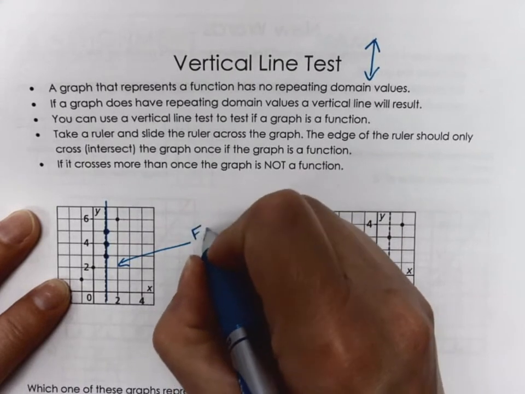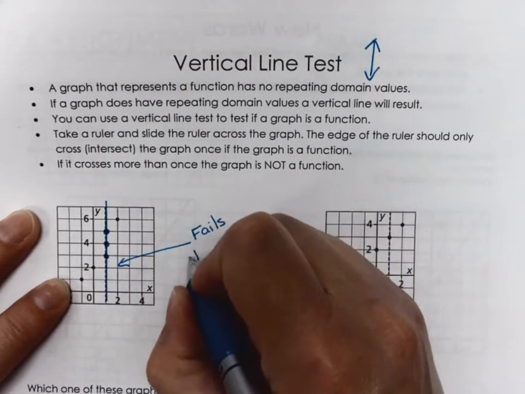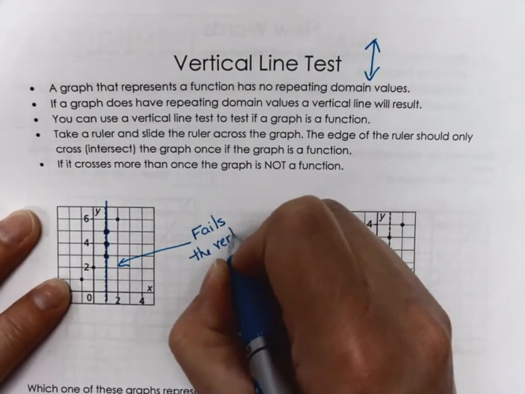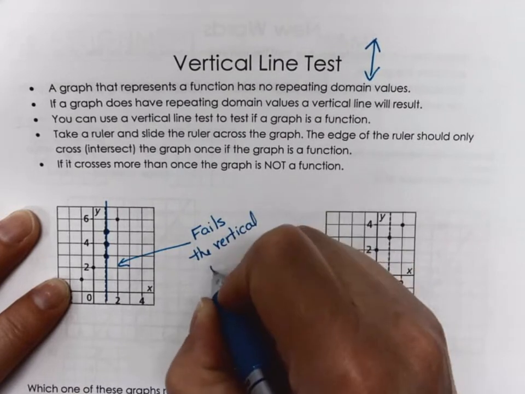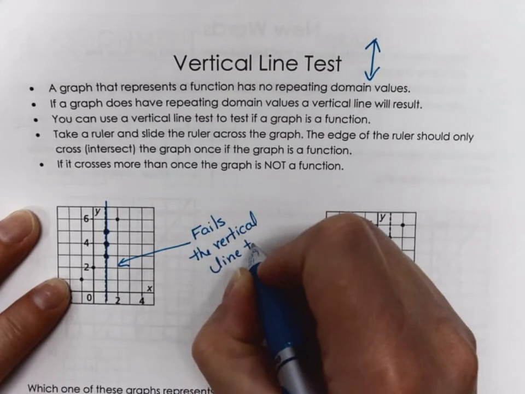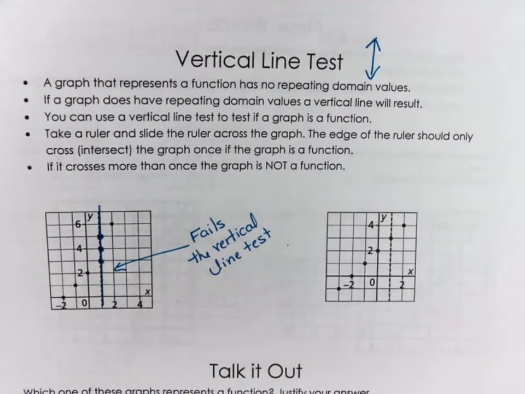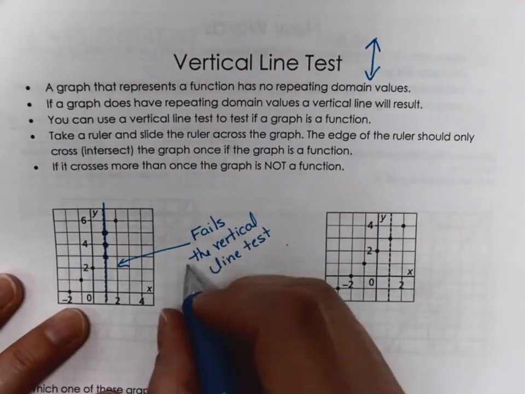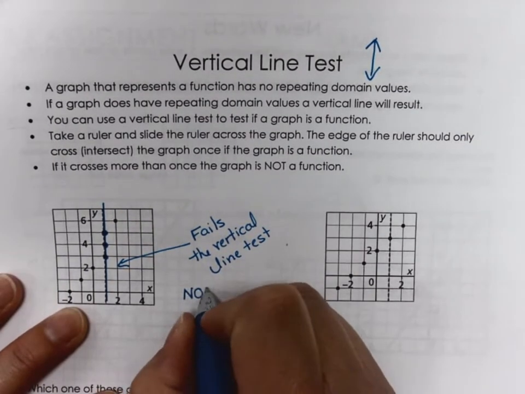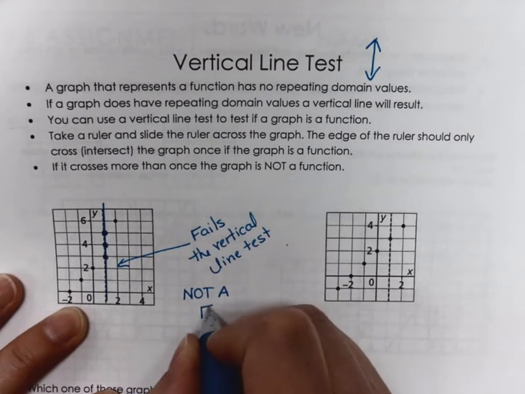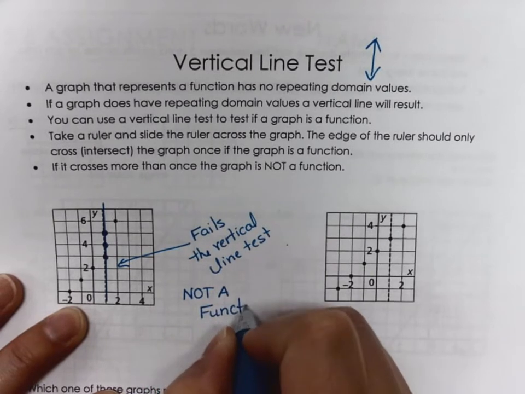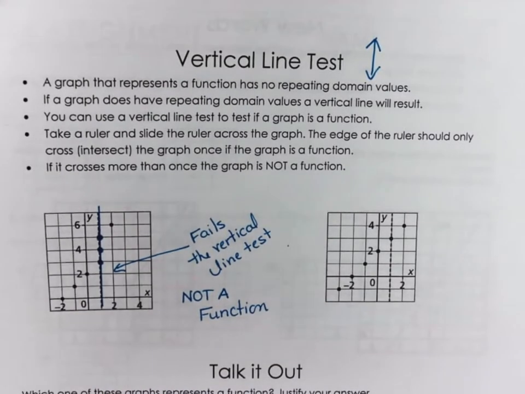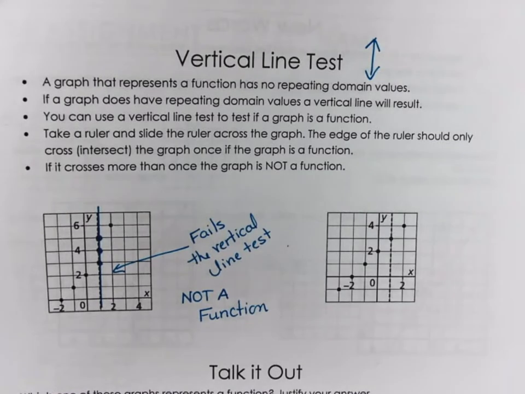So we would say this fails. Okay, so if you fail the vertical line test, what that means is it is not a function.